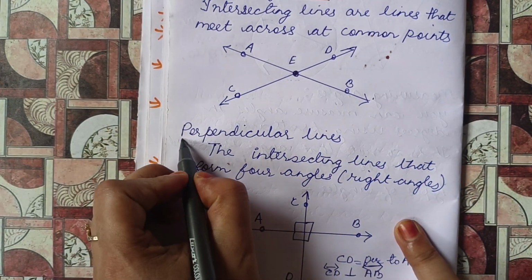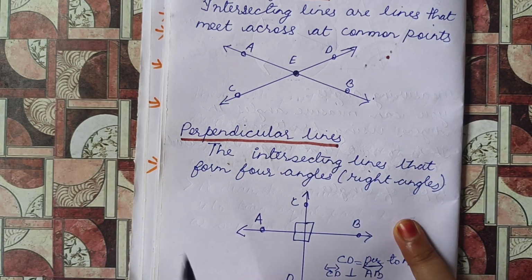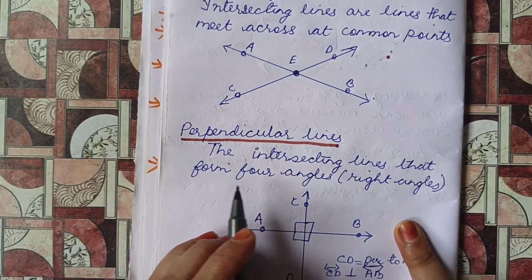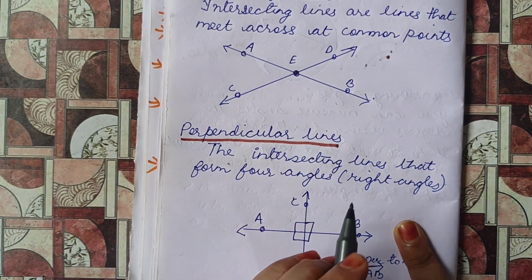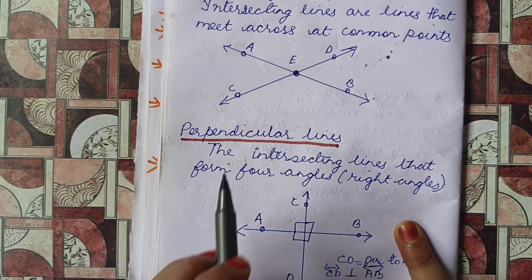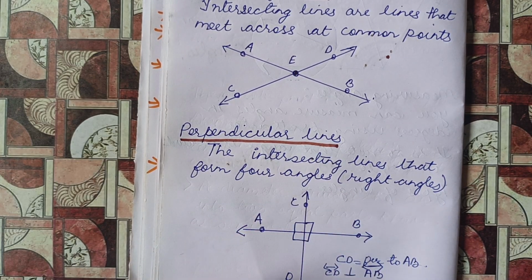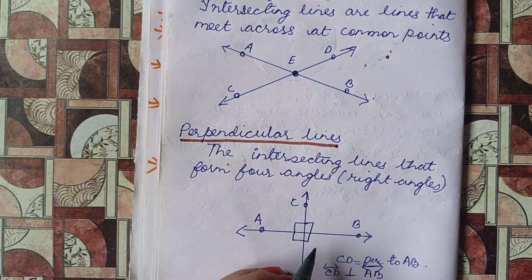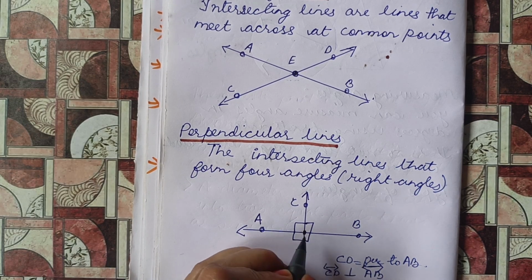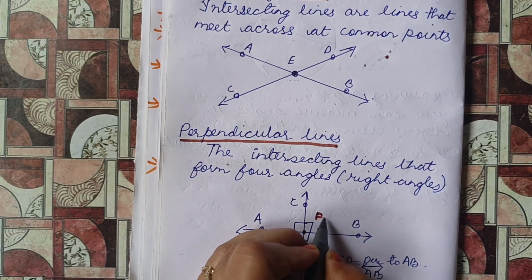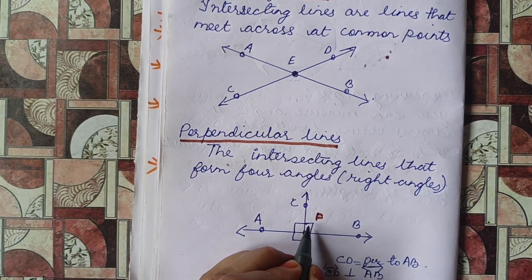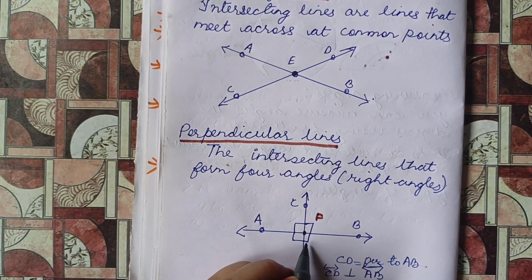Now what is a perpendicular line? The intersecting lines that form four angles, in fact four right angles, are known as perpendicular lines. Here we see that CD and AB are intersecting at one point, that is F, and they are forming four right angles.